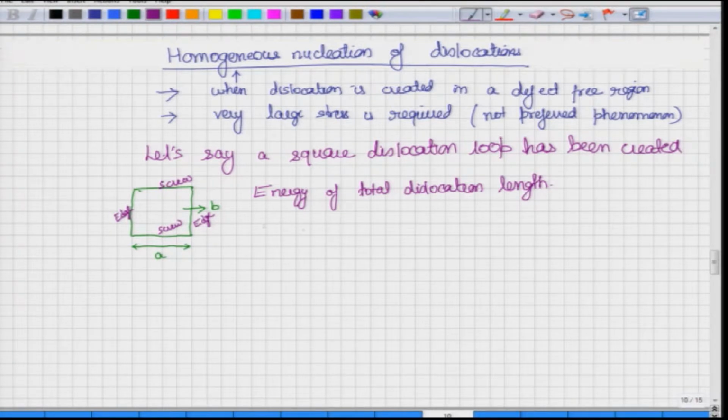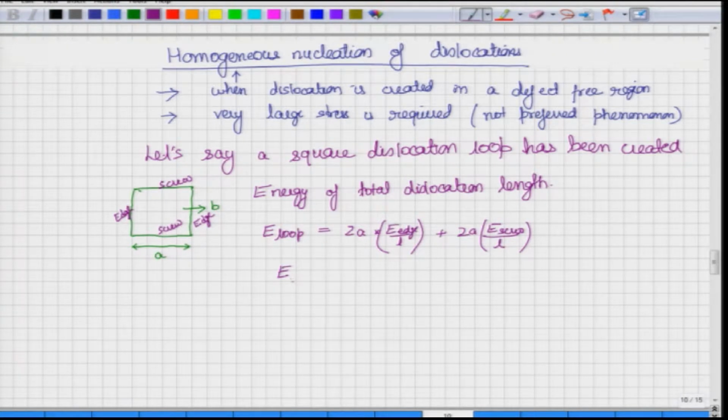So, the energy of the loop can be written as 2 into A into E edge per unit length plus 2A into E screw, the energy of the screw dislocation per unit length, and these are the quantities which we have derived for the screw dislocation, and for the edge dislocation we directly introduced it in part 1 of this course.